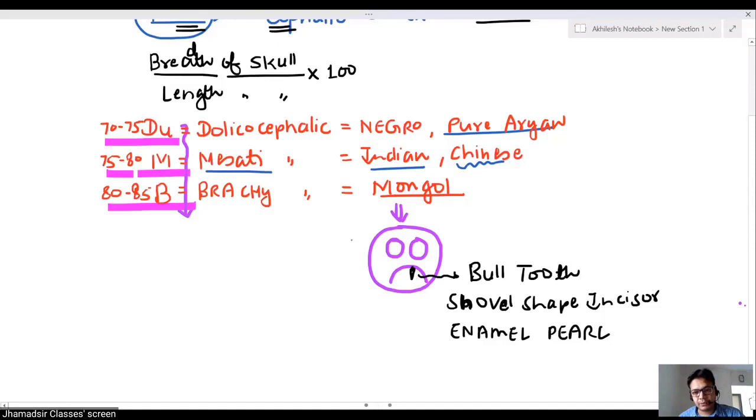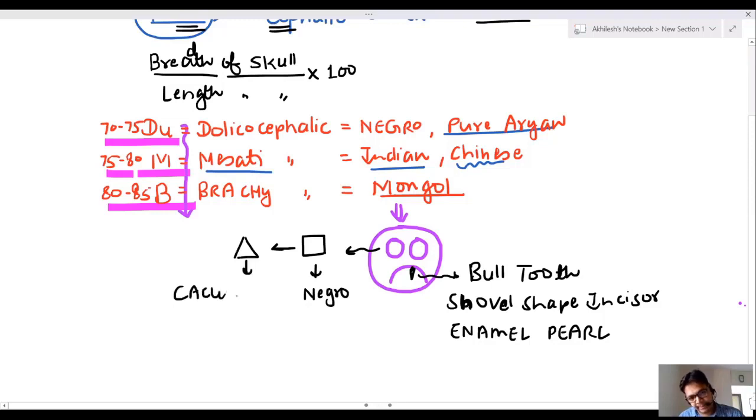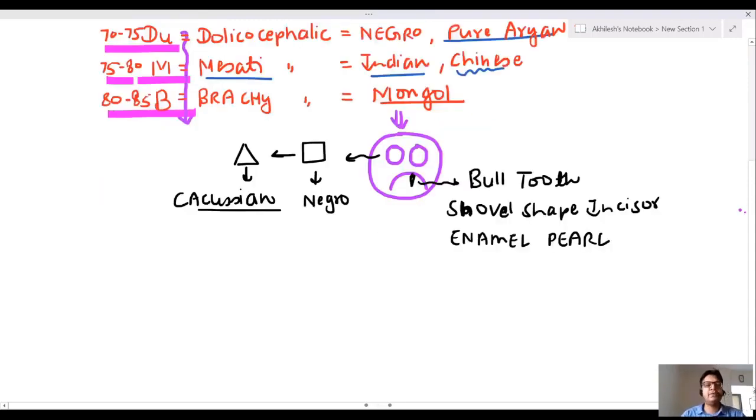Now, sir, what about orbit? If the orbit is square shaped, it is Negro. And if the orbit is triangular, it is Caucasian.